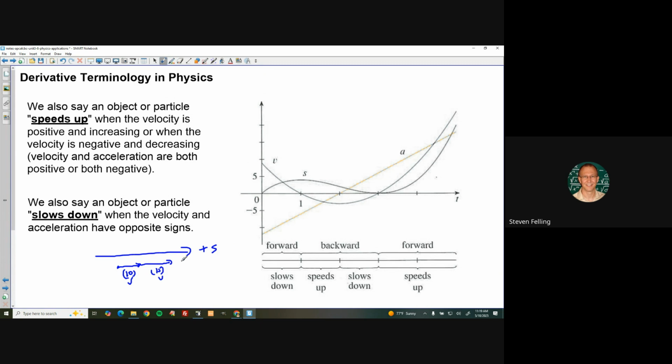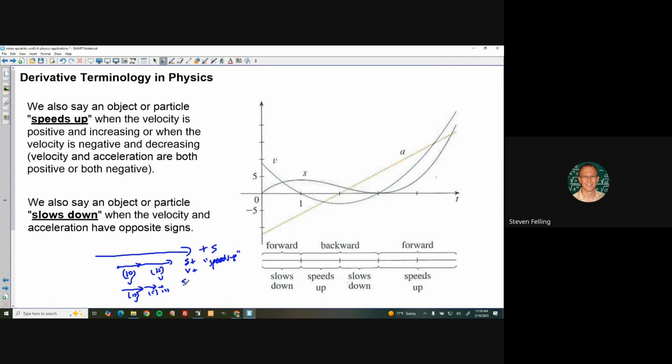On the other hand, if the velocity is 10, but then at a later time the velocity is only 5, and then the velocity is 2, then it's moving in the positive direction, but it's doing so slower and slower.